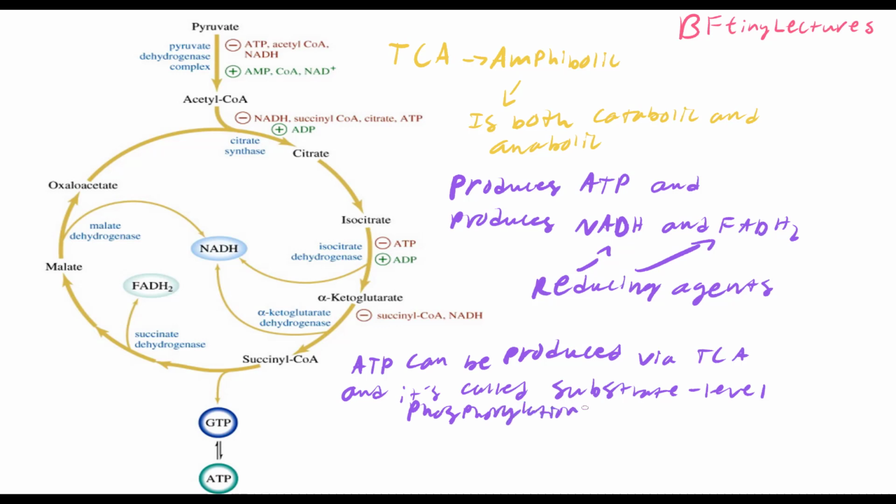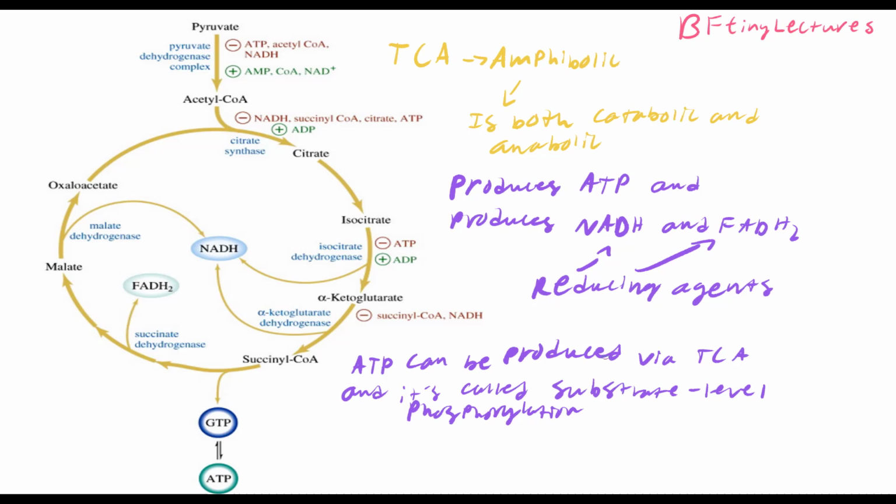Of course, substrate level phosphorylation also occurred in glycolysis. When some molecules converted into different molecules, they produced ATP, and that process was called substrate level phosphorylation. It's when ATP is generated by the conversion of one molecule into another.